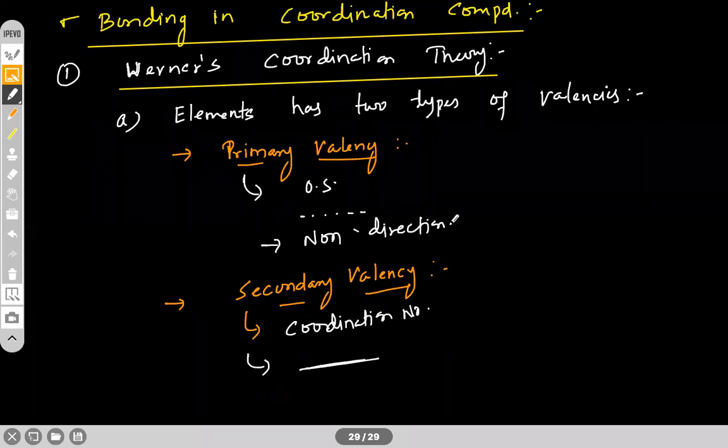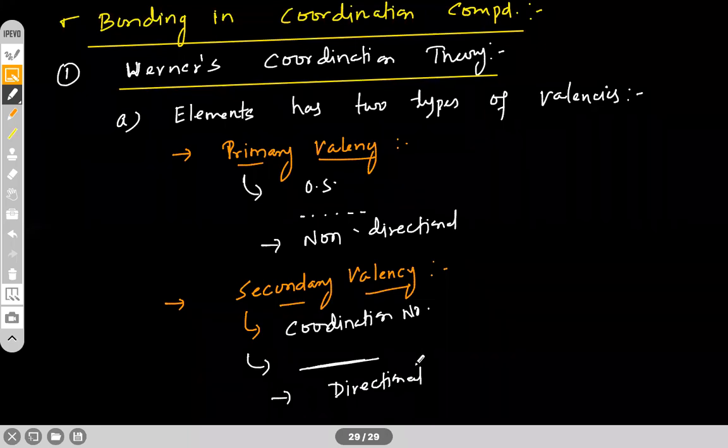And because of this only, isomerism is possible in coordination compounds, because you have to place the ligands around the central metal atom in a fixed direction at a fixed angle. That's why it shows isomerism.